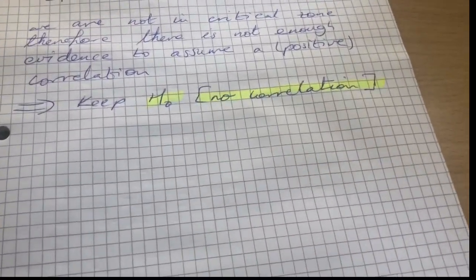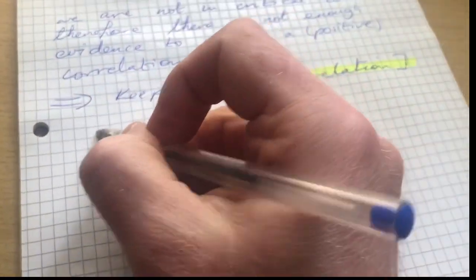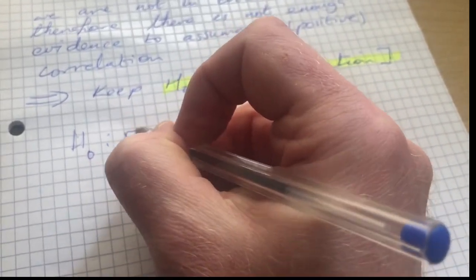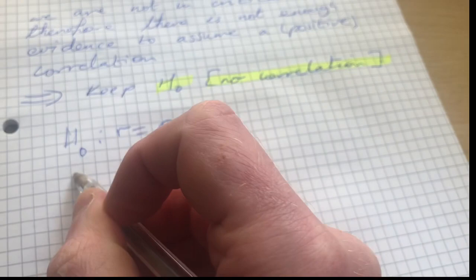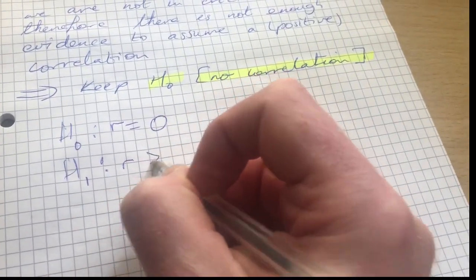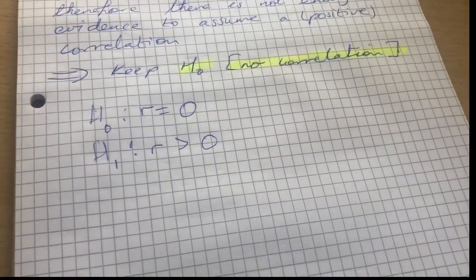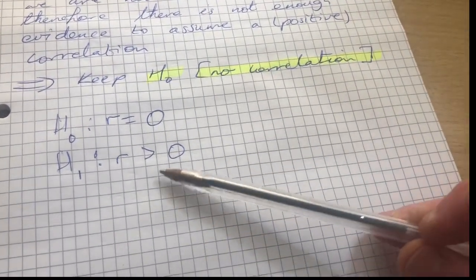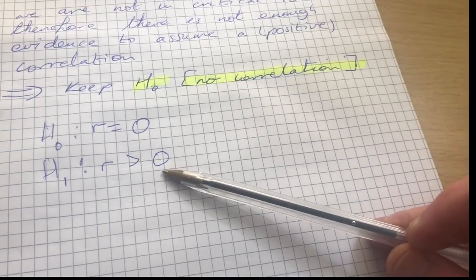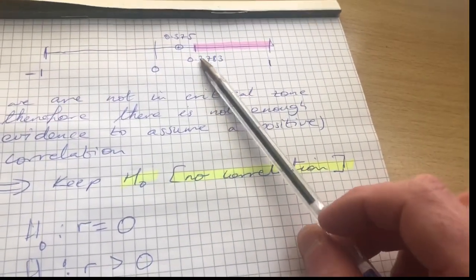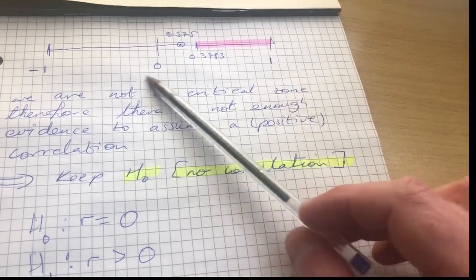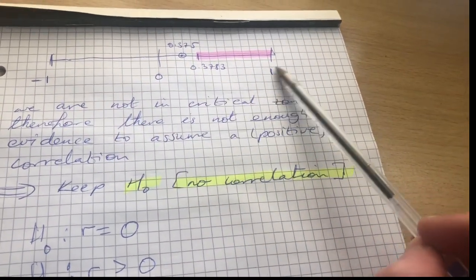Very quickly, I probably should have written out at the start that my null hypothesis is that, and my alternative hypothesis is that, and therefore I'm looking for a correlation coefficient bigger than 0, some kind of positive correlation. So that's why I'm looking in the upper range of the correlation coefficient values.